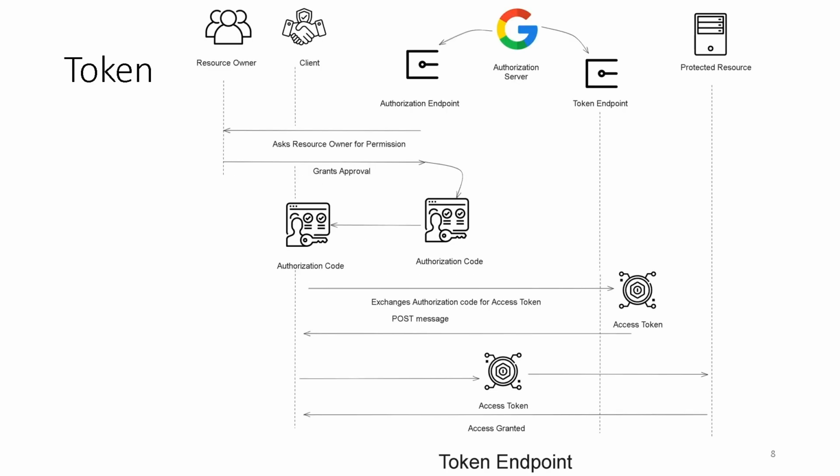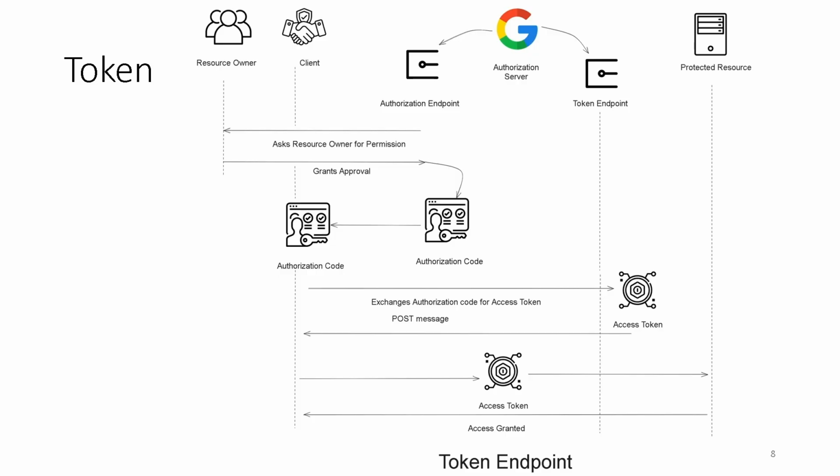The token endpoint is used by the client to obtain an access token by presenting its authorization grant that was received from the user, or refresh token. The authorization endpoint and the token endpoint are both part of the authorization server in OAuth 2.0. The interaction between the client and the authorization endpoint and the token endpoint depends on the grant type used by the client.